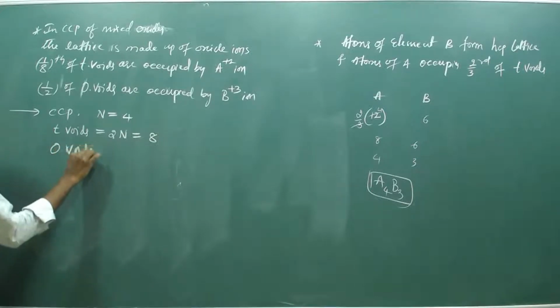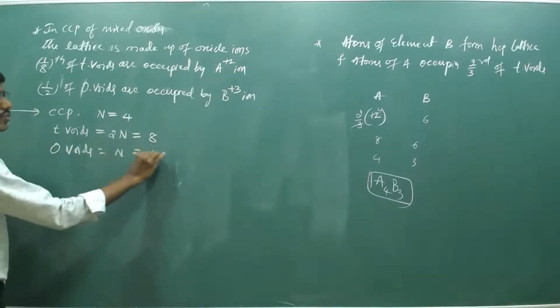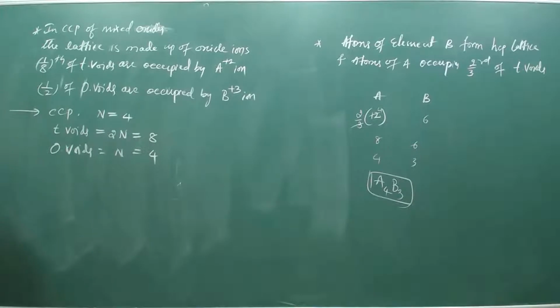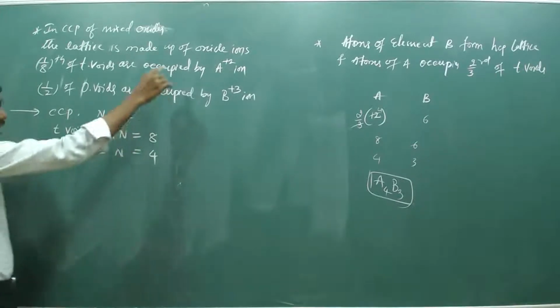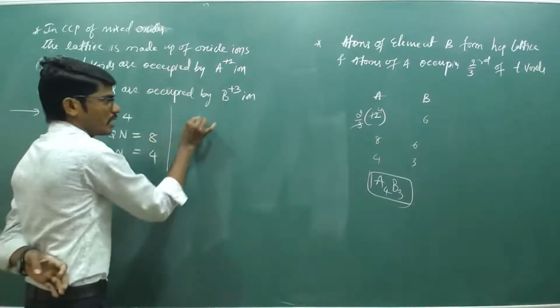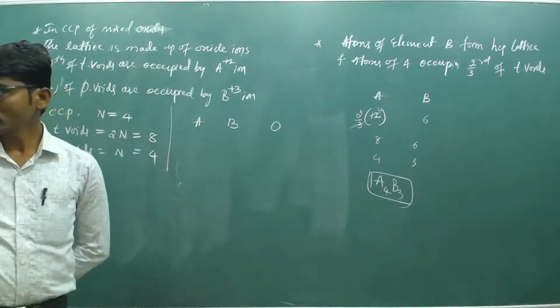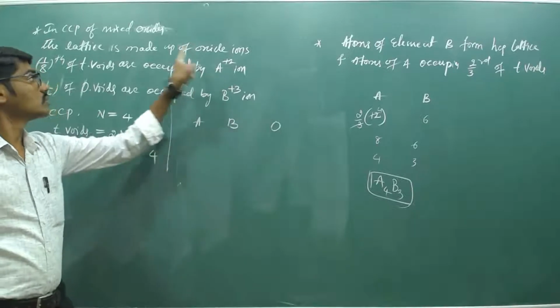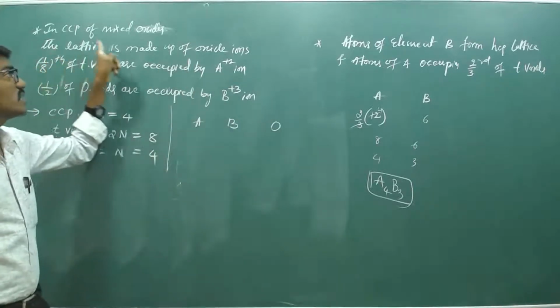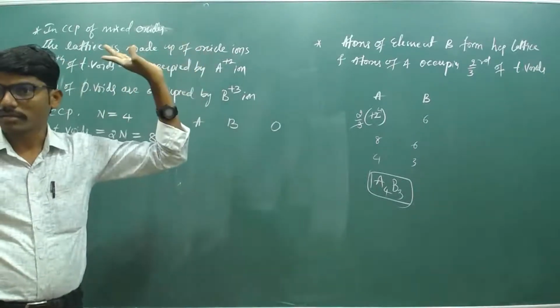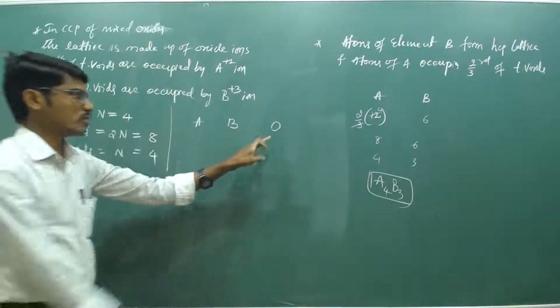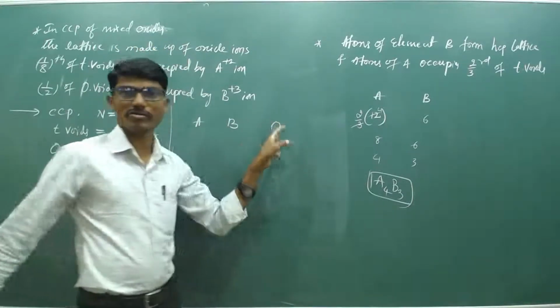Octahedral is equal to n, that is 4. These 3 points are clear. Now, A, B, and O, 3 elements are there. The lattice is made up of oxide ions. CCP is the lattice, so therefore the number of oxygen atoms is 4.